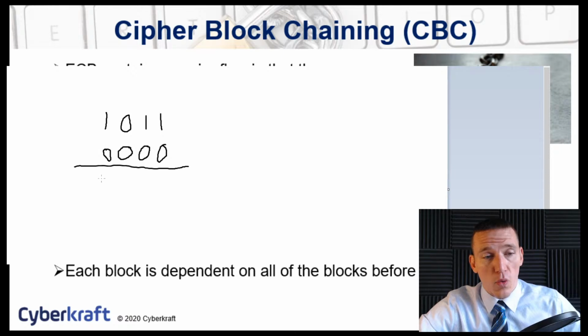So when they're different, they're a 1, and when they're the same, they're a 0.